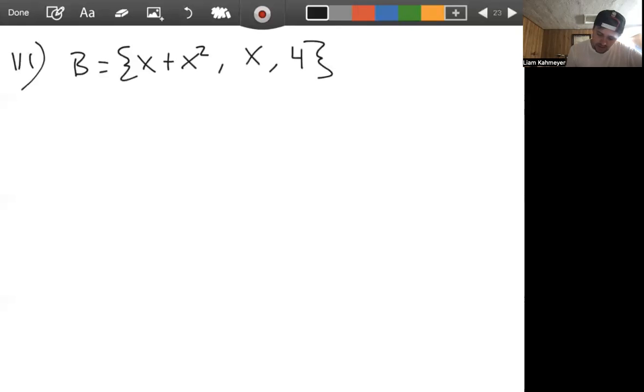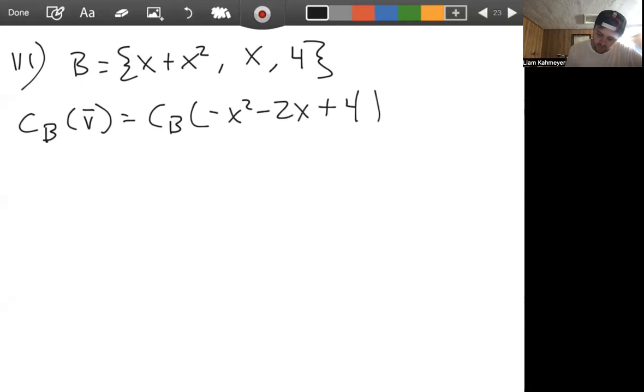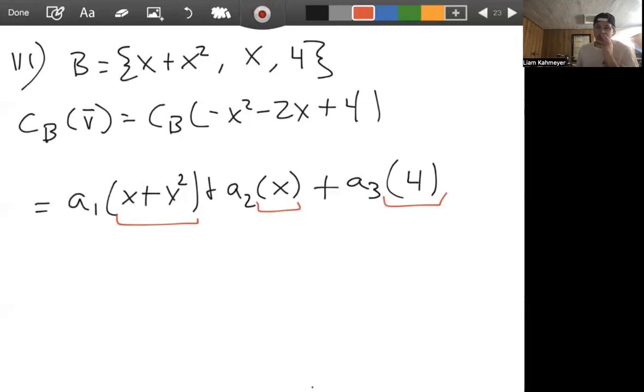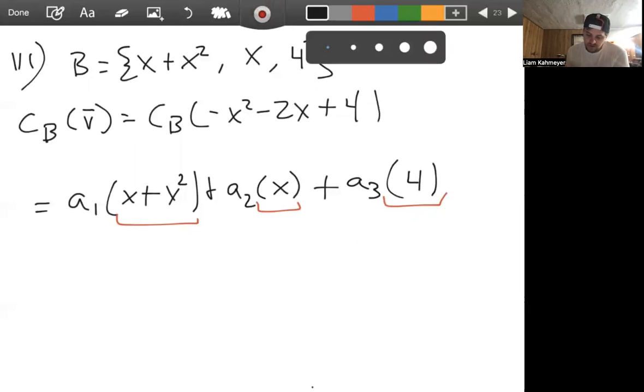Well, we need to look at CB of v, which is CB of negative x squared minus 2x plus 4, which is going to be a1 times x plus x squared plus a2 times x plus a3 times 4, right? Because now these are our basis elements that we're looking at. Okay, so what does this mean, right?